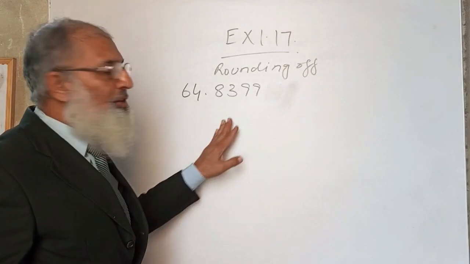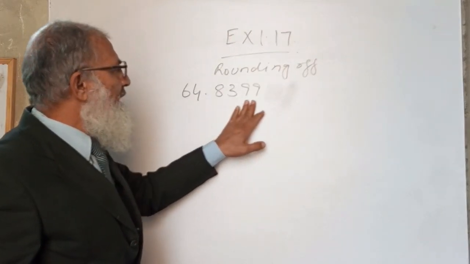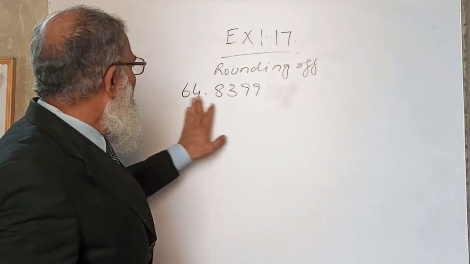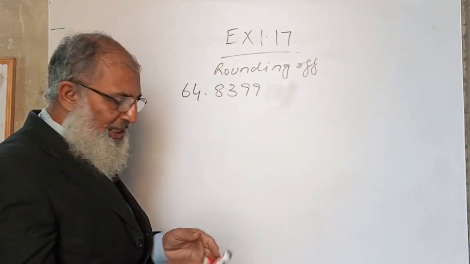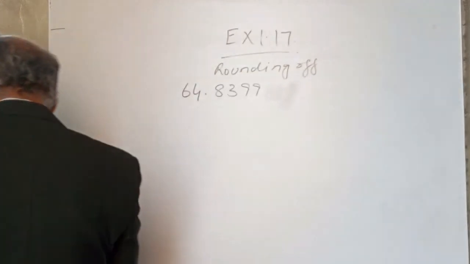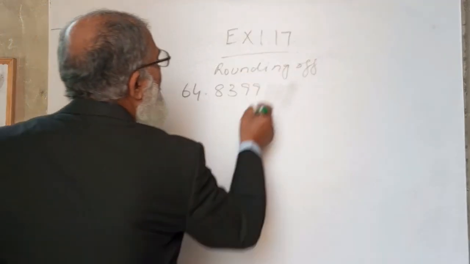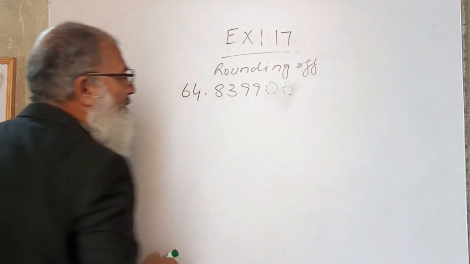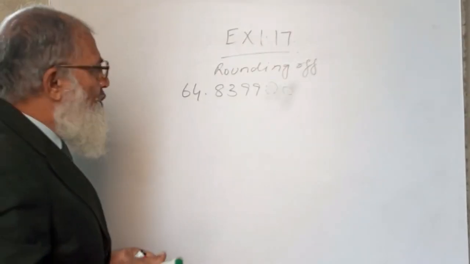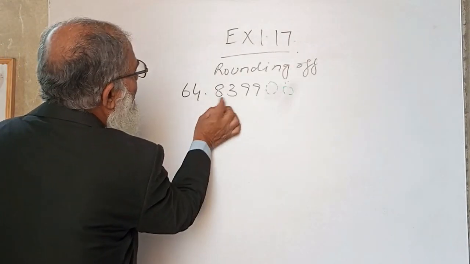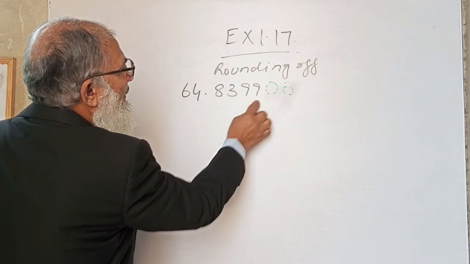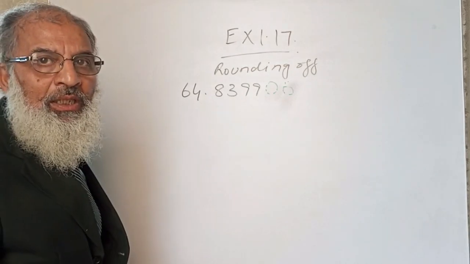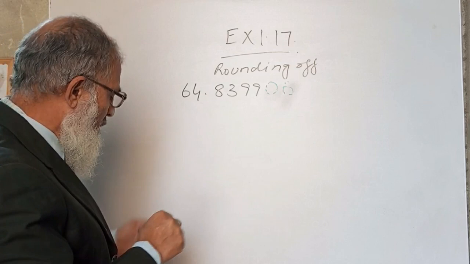Now I am left with only 64.8399, and what was written before we have already ignored. Now you see that 0.8399 has to be rounded off.